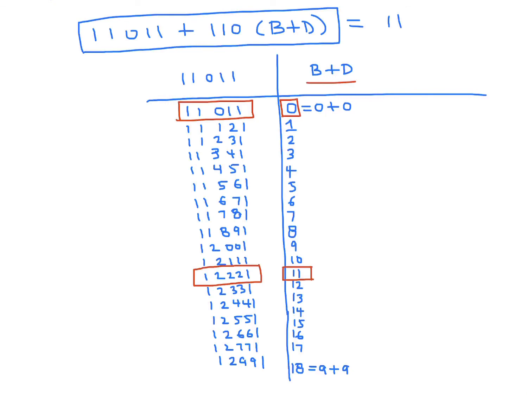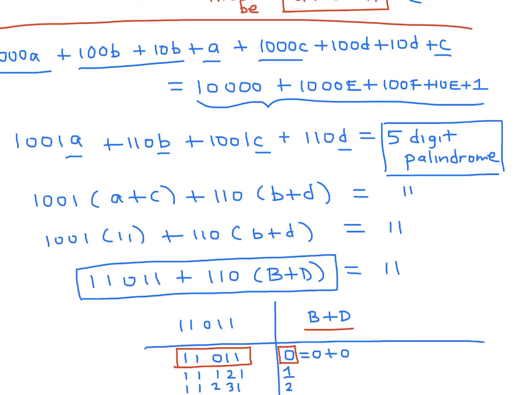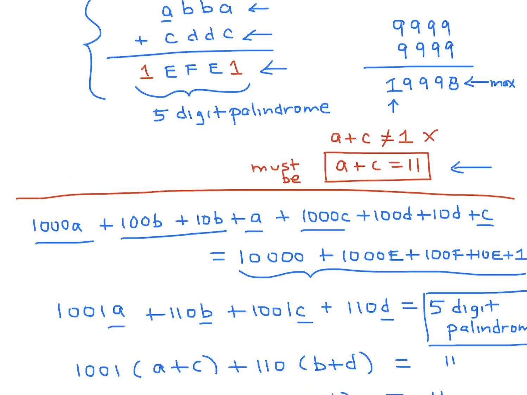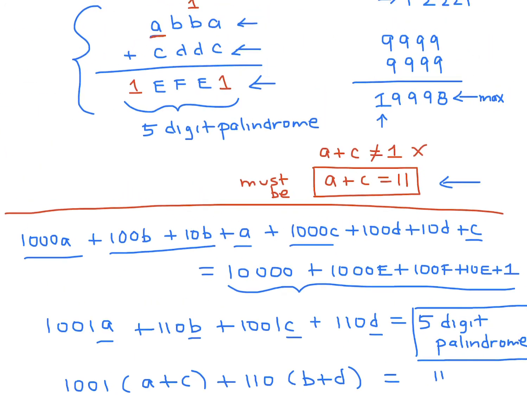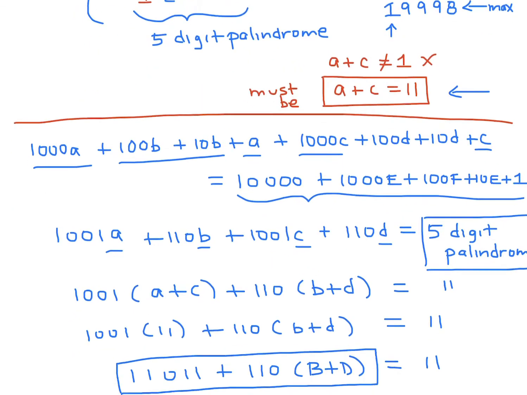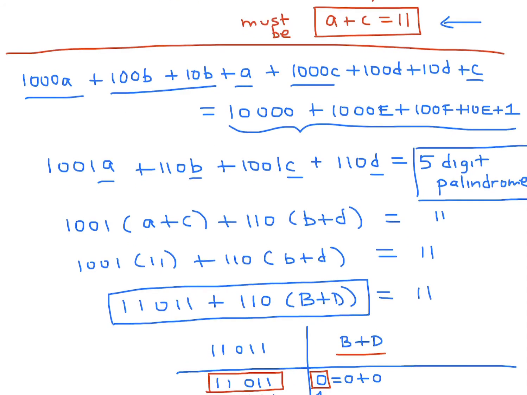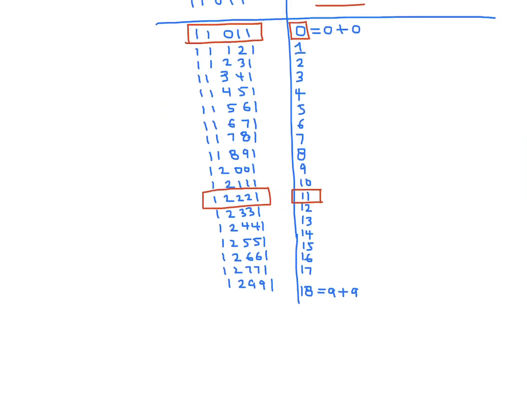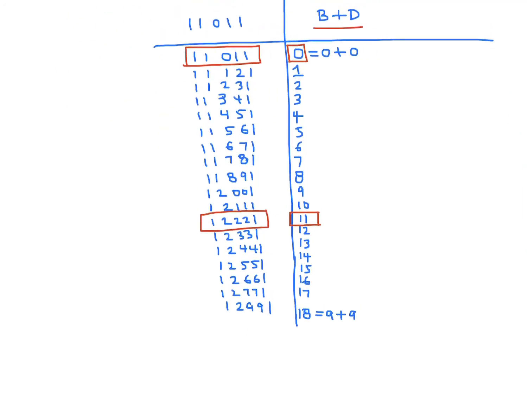So great, we have B plus D, but we have to figure out also A and C, right? That pair is not just B and D, they involve an A and a C. So now our next step is to figure out A and C, but we know that A plus C is equal to 11, so that should definitely help us out. So remember, we've got two scenarios, B plus D is equal to 0 and B plus D is equal to 11.